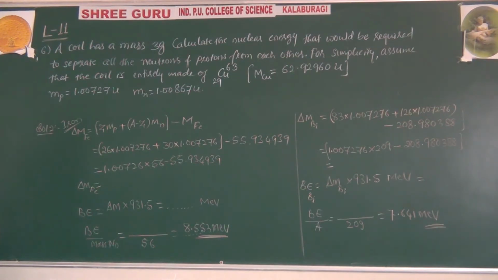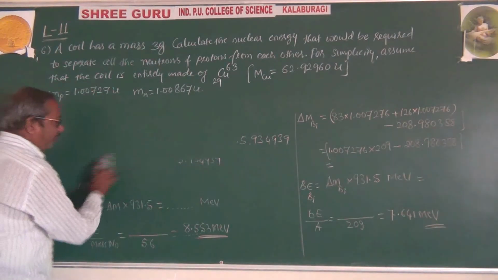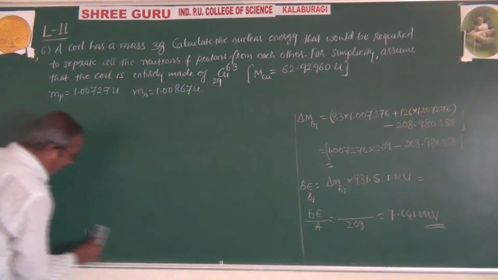Once again we have to find the mass defect in each atom of copper, and also the total mass defect of the given quantity of substance, which is 3 grams.